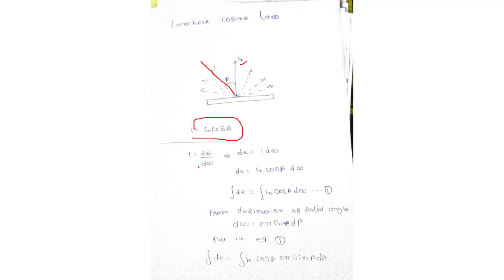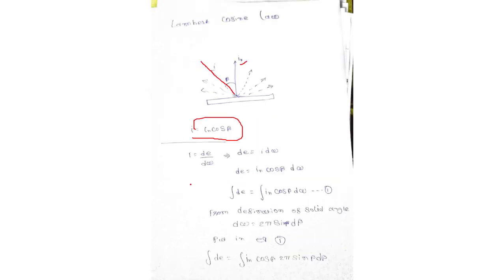Now we will discuss another theory, in which we have to prove that E is equal to pi In, or E is equal to pi Ib. So we know I is dE upon d omega.